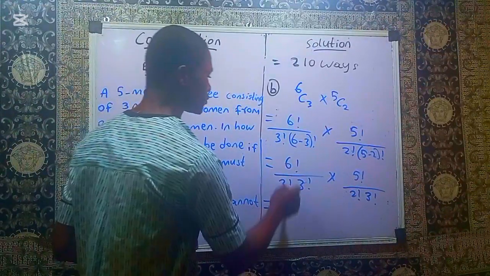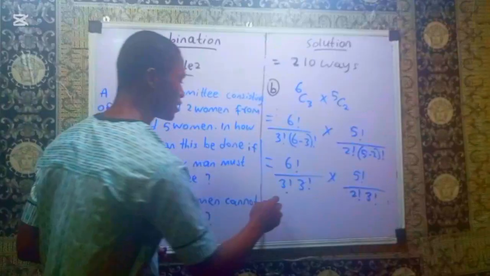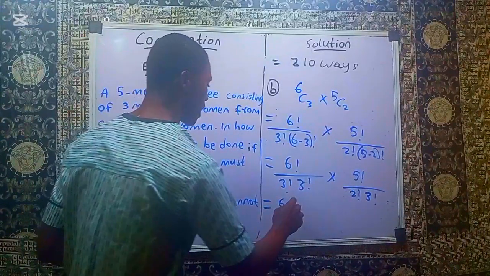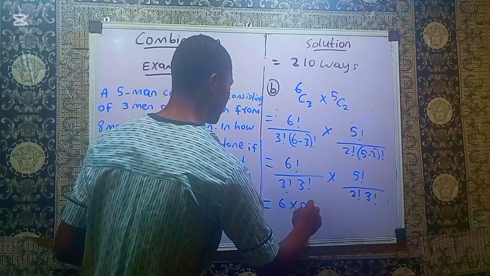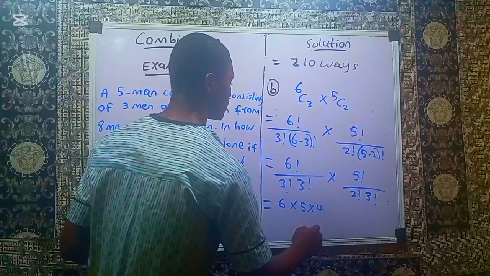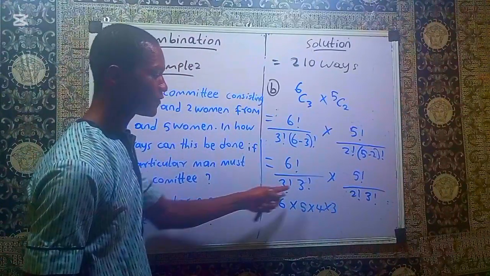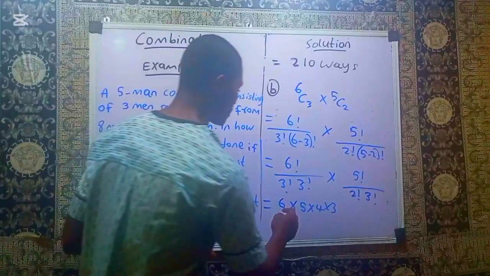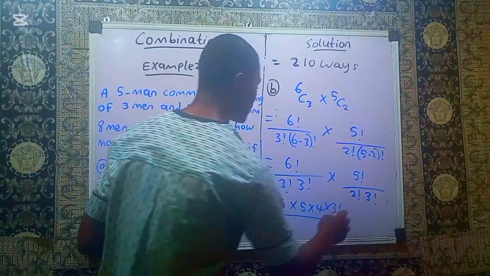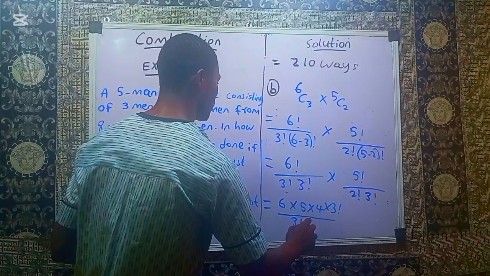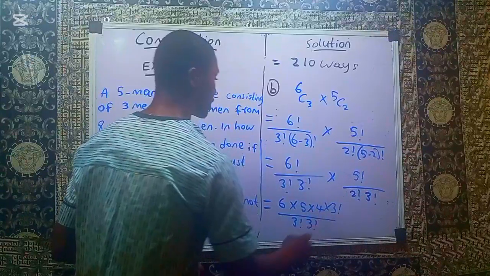So we have 6 factorial. If you expand 6 factorial, you are going to expand it down. You are going to have 6 times 5 times 4, then times 3. We're supposed to expand it down to 1, but we have 3 factorial down here that will cancel it. So you can stop at that 3. Then you put factorial divided by 3 factorial, 3 factorial.